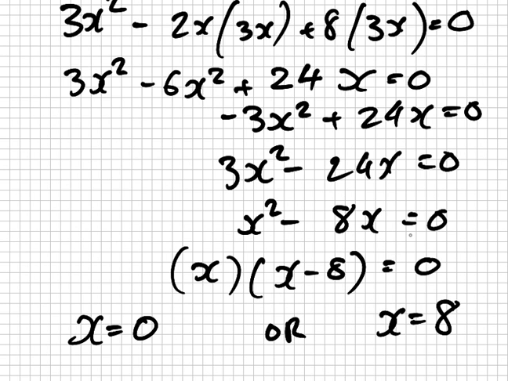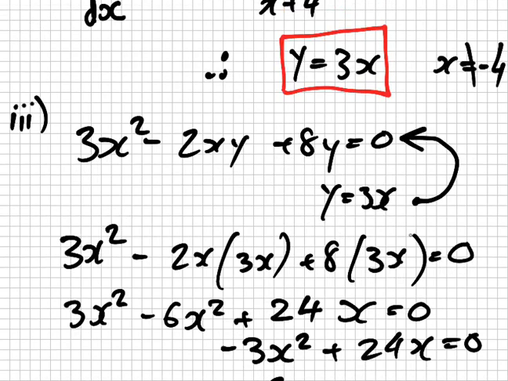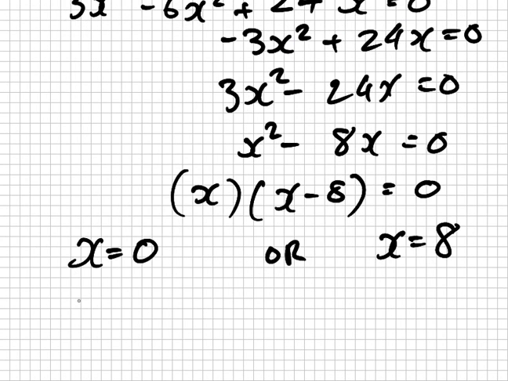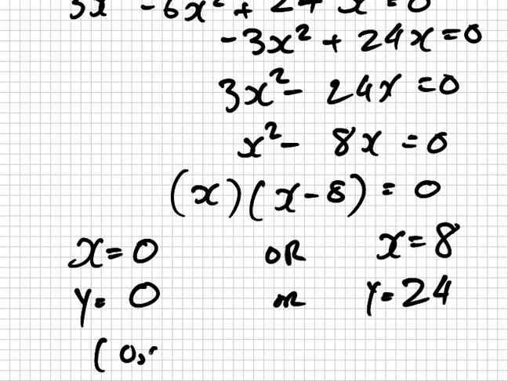And you need to find the y, and you can find the y by using this formula: y is equal to 3x. If you sub that back in, you get y equals 3 times 0, which is 0, or y equals 3 times 8, 24. So your answer is (0, 0) or (8, 24).